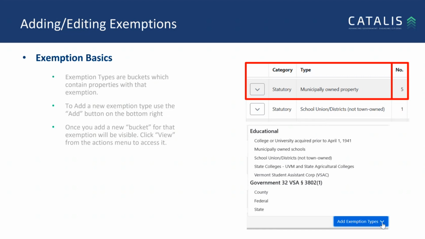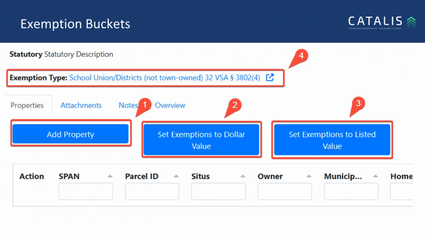So once we're in an exemption type, so again, in a bucket of exemption, here's what we're going to look at. So number 1 here, you can add properties to that exemption type. So in this case, school union. The number 2 here is set exemption to a dollar value. So remember, this is just a bucket of properties. So we've got 1 property in this school union exemption bucket.